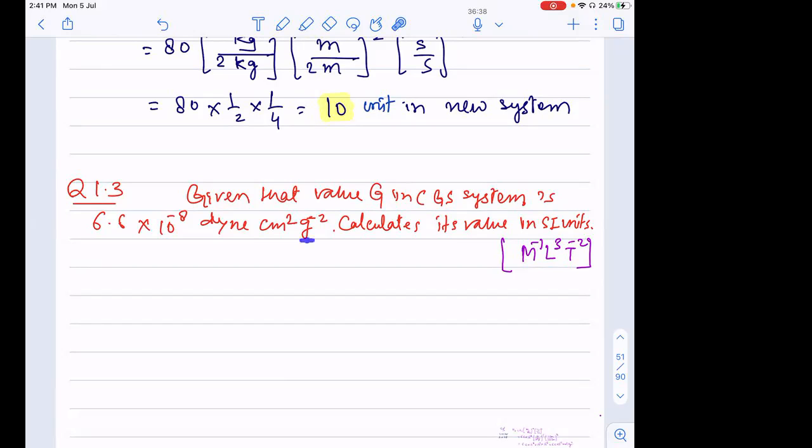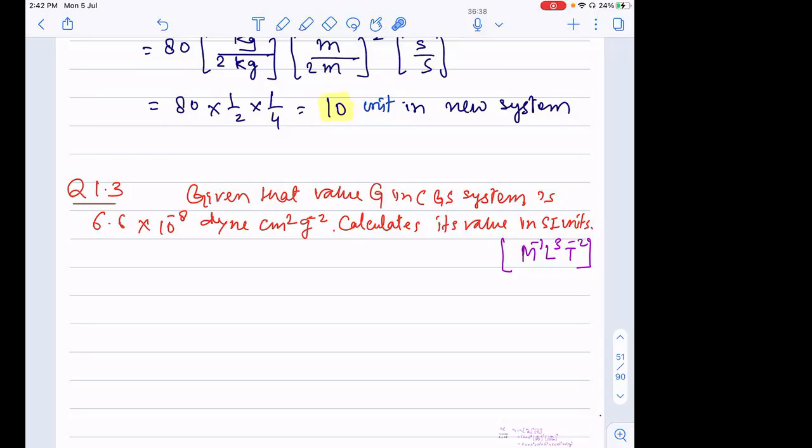So everything in CGS you have to convert into SI unit. This is also from the third formula, N2 is equal to N1. You have to do it from the third formula. This also you have to complete. Don't worry about this unit. Once you know the dimensions, X, Y, and Z are given.